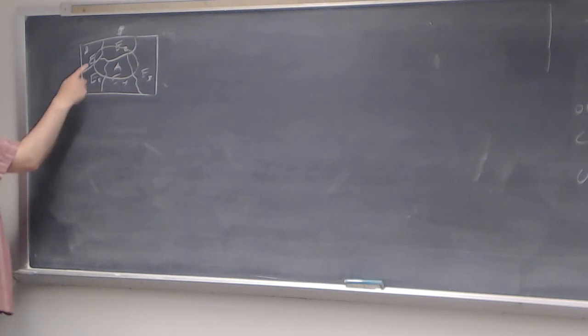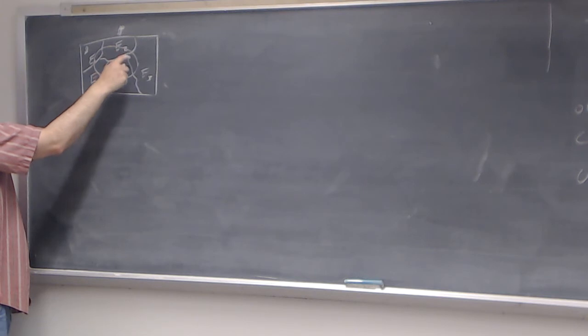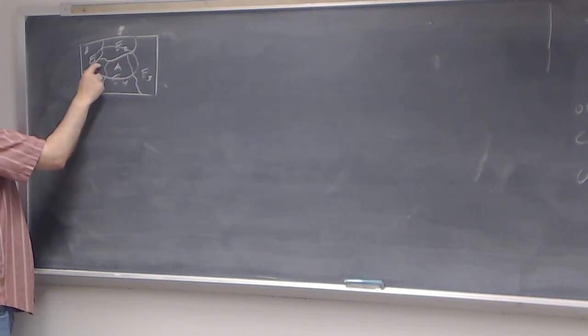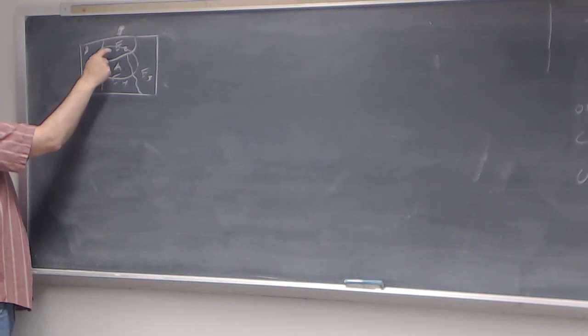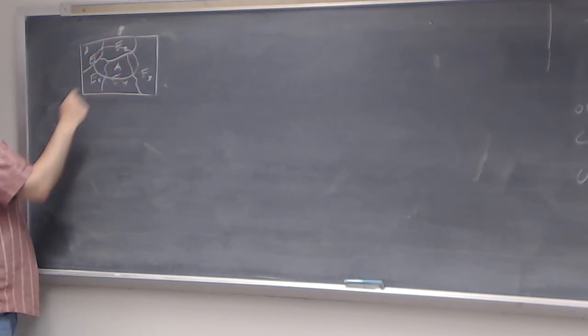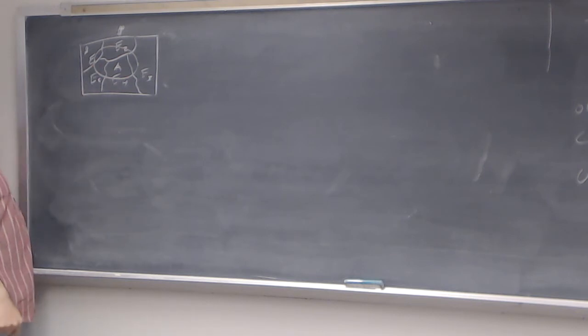Well, the worth of A is this part of A plus this part of A plus this part of A plus this part of A plus this part of A. And that is the probability of A intersect E1, the probability of A intersect E2, the probability of A intersect E3, the probability of A intersect E4, the probability of A intersect E5.